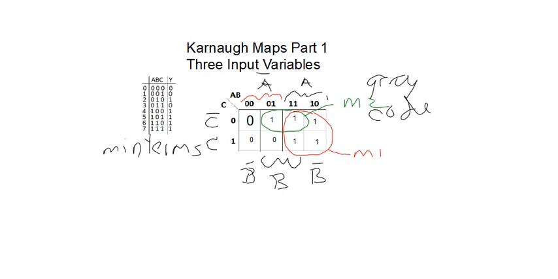Let's look at M1 first. Let's look at that grouping of 4. It is in A, and it's not in A naught.